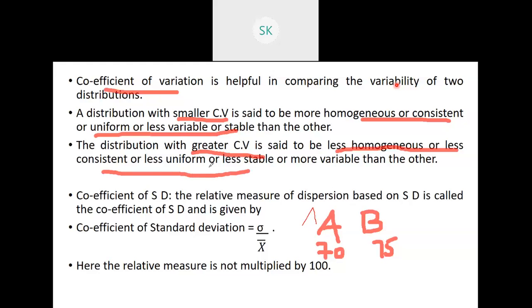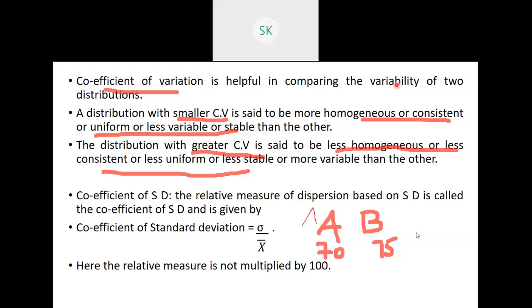So if the coefficient of variation is smaller in value, the situation will be more stable. If it is greater in value, the situation is less stable. This is the major part of decision making that we are talking about. Next, let's continue.